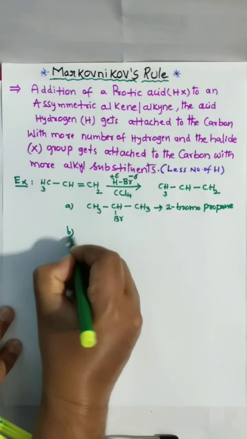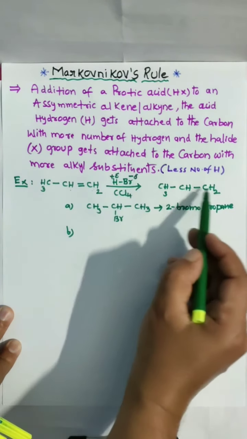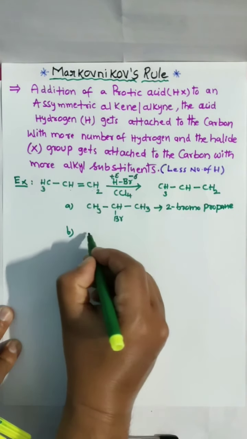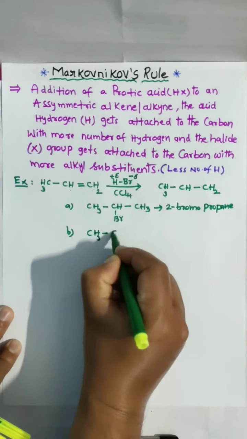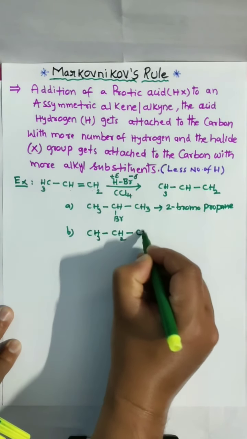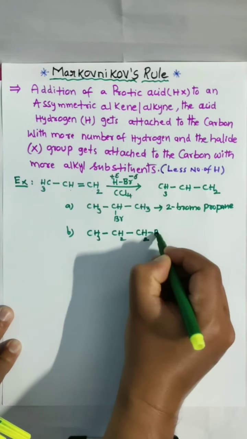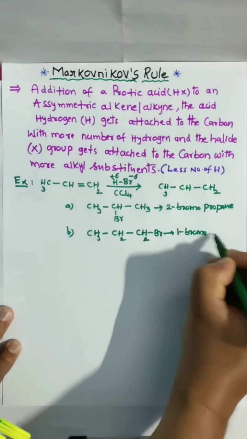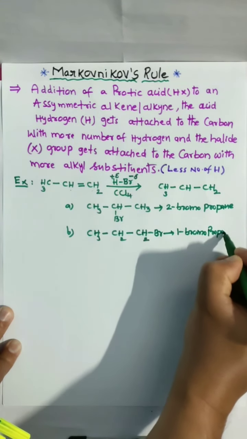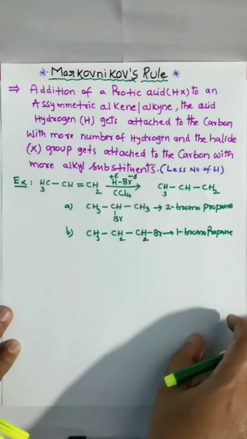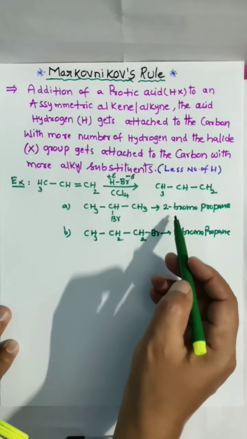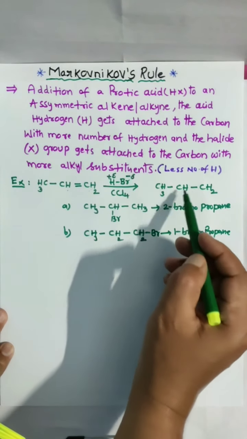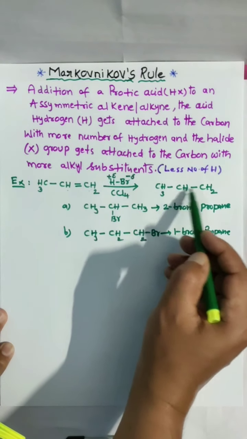And another chance we have: this bromine can attack here and this hydrogen can attack here. So CH3-CH2-CH2Br. This is 1-bromopropane. So we got two products, 2-bromopropane and 1-bromopropane. Two chances we have, whether hydrogen attacks this carbon or this carbon.